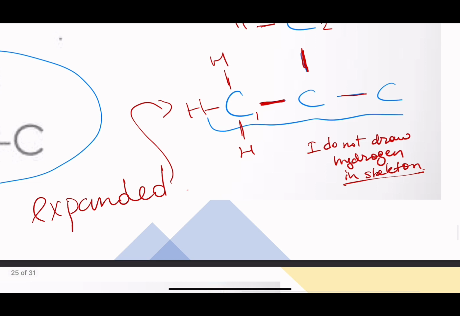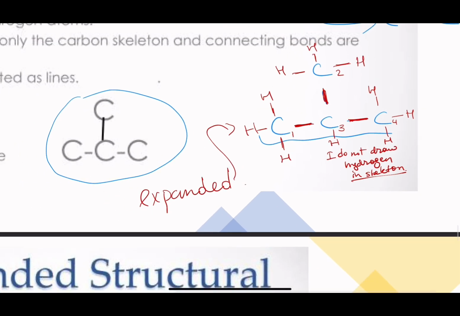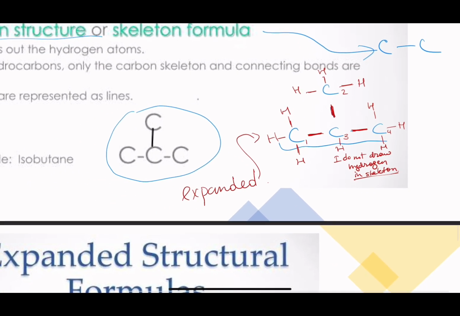But look at this carbon 3. I have here 1, 2, 3 bonds, so I need to put one more hydrogen to make it 4 bonds. And then look at this carbon 4. Because I had one bond, I filled it with 3 hydrogens. So this is my expanded form. The one I drew is expanded, and the one on the left is skeleton.